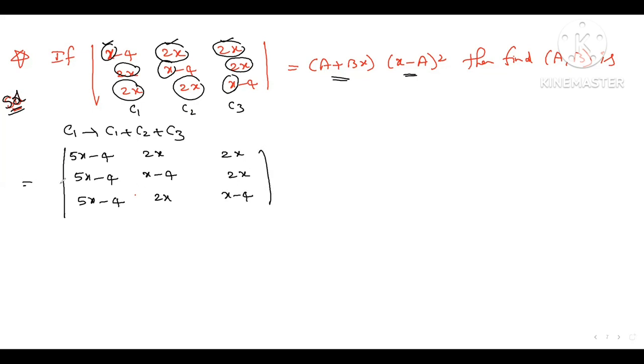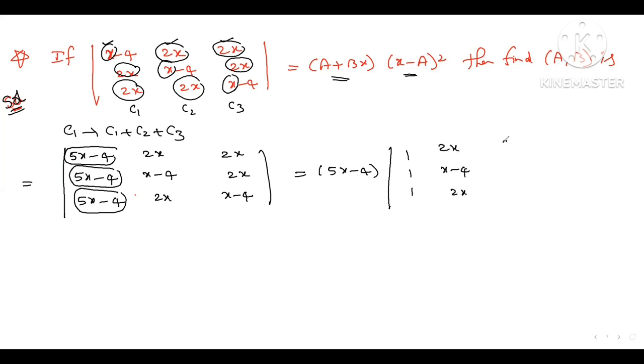Here I take 5x minus 4 common in the first column. What we get here is 5x minus 4 into 1, 1, 1, 2x, x minus 4, 2x, 2x, 2x, x minus 4.